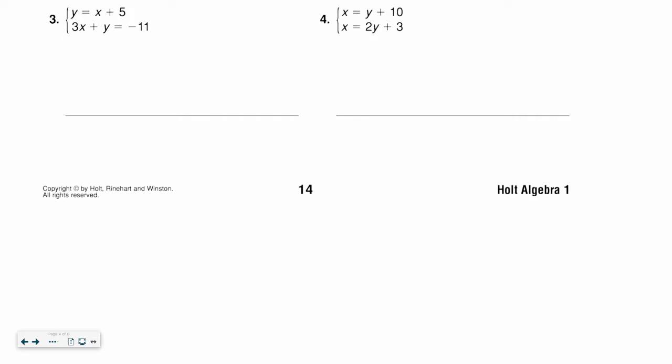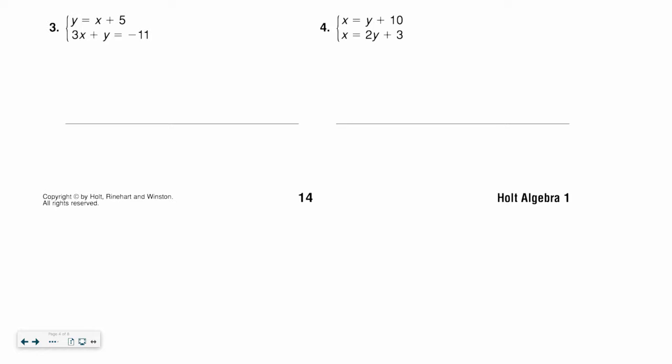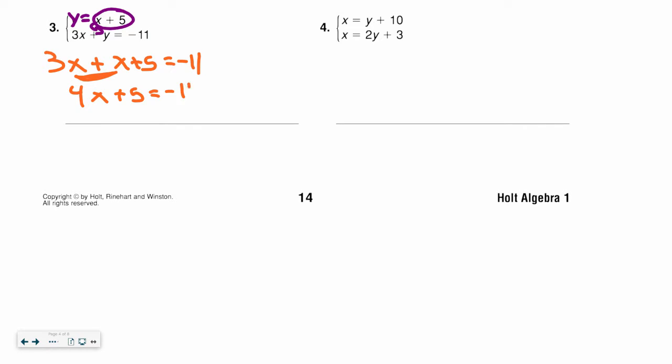So these are a little bit easier because it's already solved, so you already have y equals. So I'm going to just take this and plug it in for y. So it becomes 3x plus x plus 5 equals -11. Combine these: 4x plus 5 equals -11.